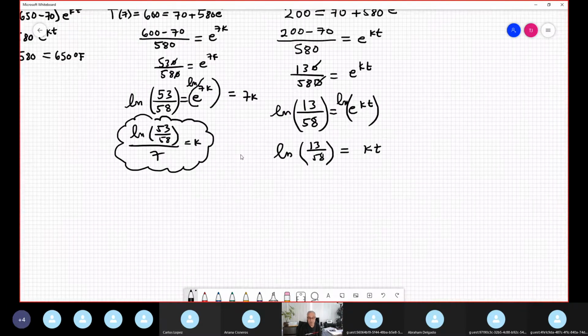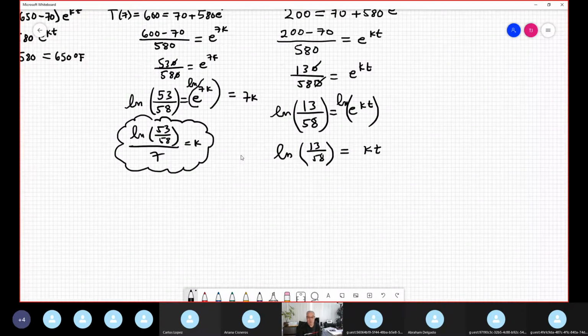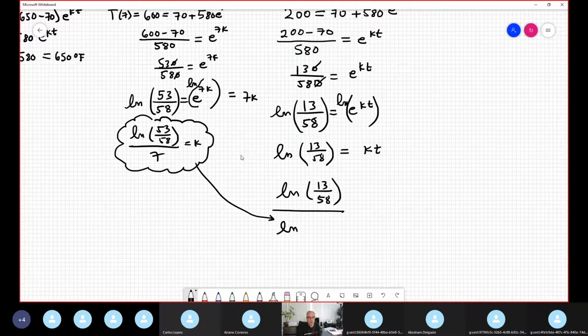Solve for t, sorry. For t, no, for k. Entonces, t is natural logarithm of 13 over 58 divided by k. But who is k? This is k, natural logarithm again, 53 over 58 divided by 7. This is t.